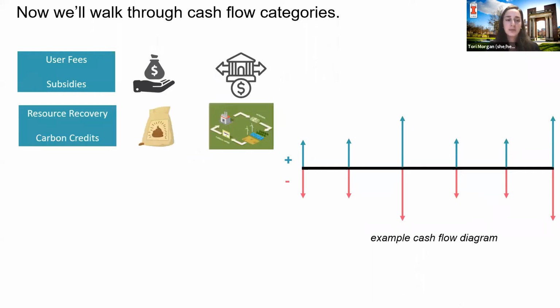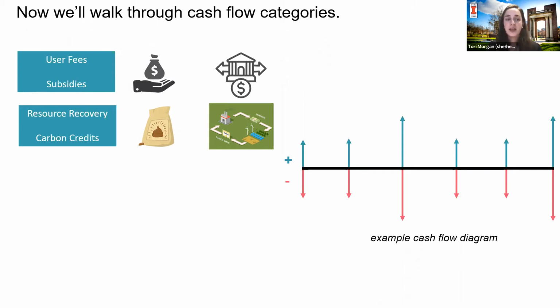Another example, as we shift from wastewater treatment to waste recovery, is resource recovery. You can gain revenue on recovering nutrients and selling it as fertilizer, maybe recovering biogas and selling that back to the user as energy, or other ways that you can recover resources and make a profit off of it.